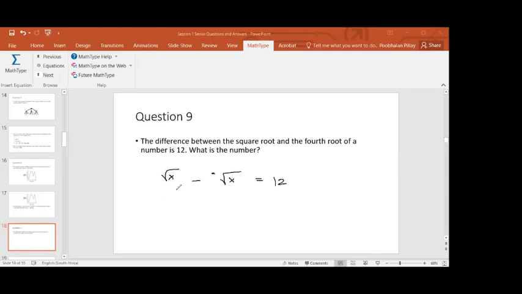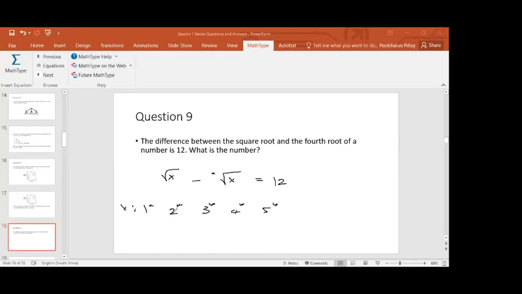But the idea is, if you think about it, you say, well, I'm going to look at numbers which have fourth roots. What does that mean? The numbers which have fourth roots are fourth powers: 1 to the 4, 2 to the 4, 3 to the 4, 4 to the 4, and so on. These numbers have got fourth roots. So let's look at these numbers. These are possible values for x.